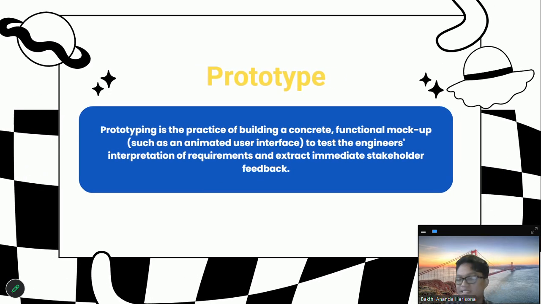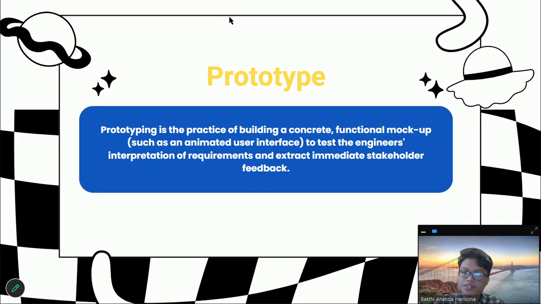Next, prototype. This one is one of the largely taught areas in software engineering. Prototyping is the practice of building a concrete functional mock-up, such as animated user interfaces. This one we can do with Figma or other software, so we can make the animated user interface.